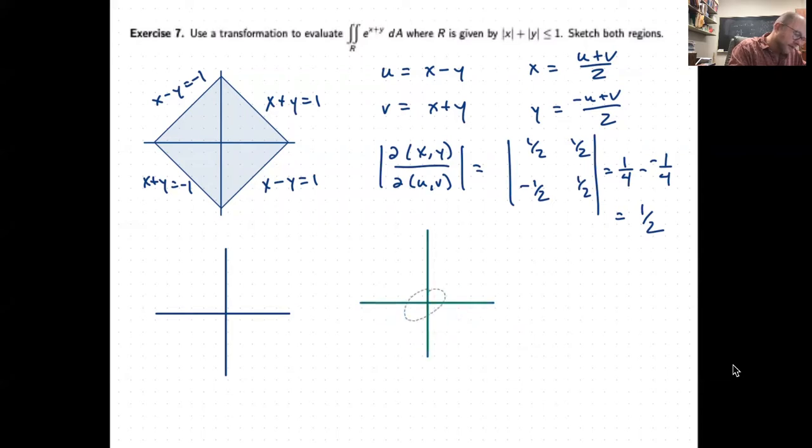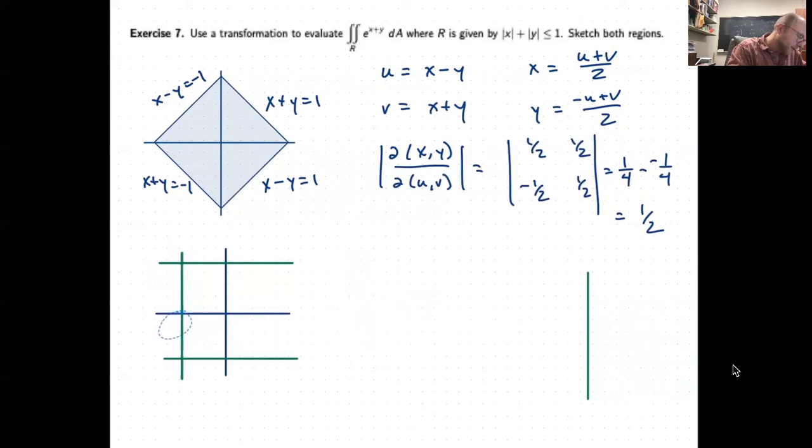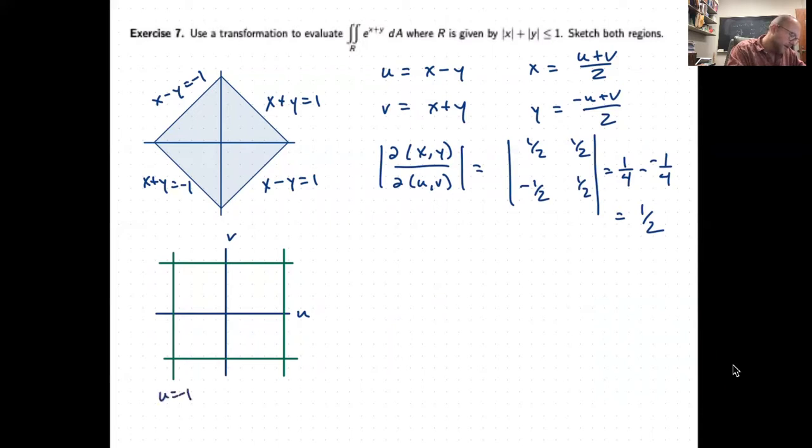And then I'm going to copy and paste again because I need to have some horizontal lines and some vertical lines for this. All right, so we'll go back here, label this as U and this is V, and we can hopefully see that we're going to have a U equals -1, a U equals +1, a V equals -1, and a V equals +1 from doing those transformations.